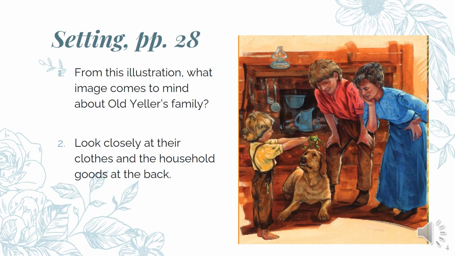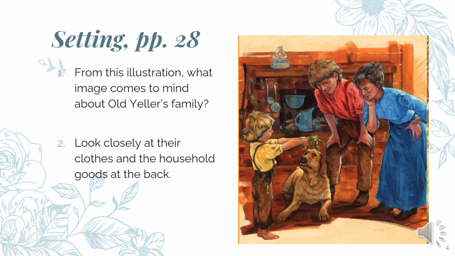So let's take a close look at page 28. On page 28, if you look at the picture and the illustration, what image comes to mind about Old Yeller's family? For example, if you look at their clothes and the background of the house and household goods, these things at the back, and this lamp especially, and from their clothes, what do you think?